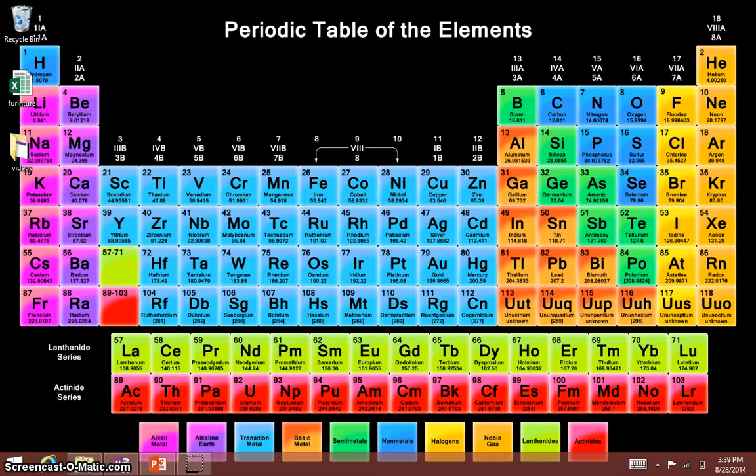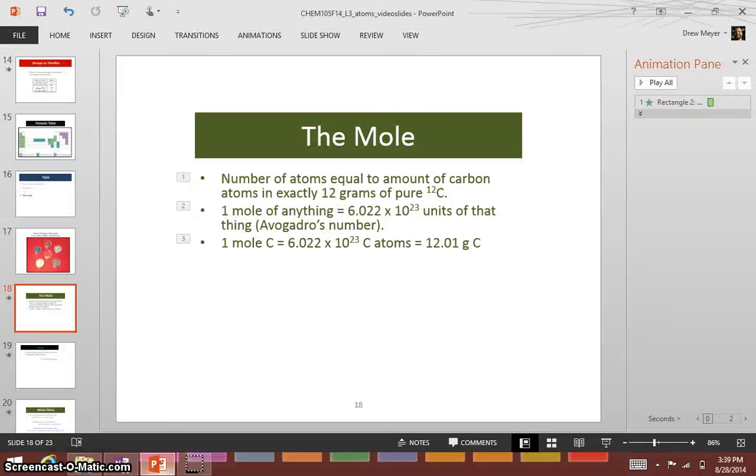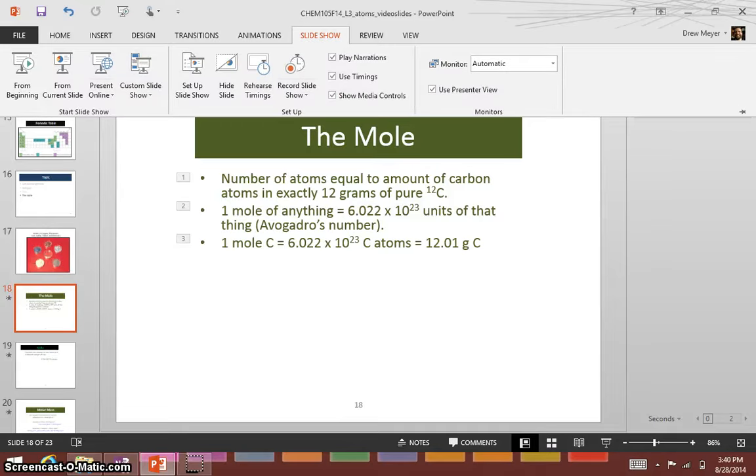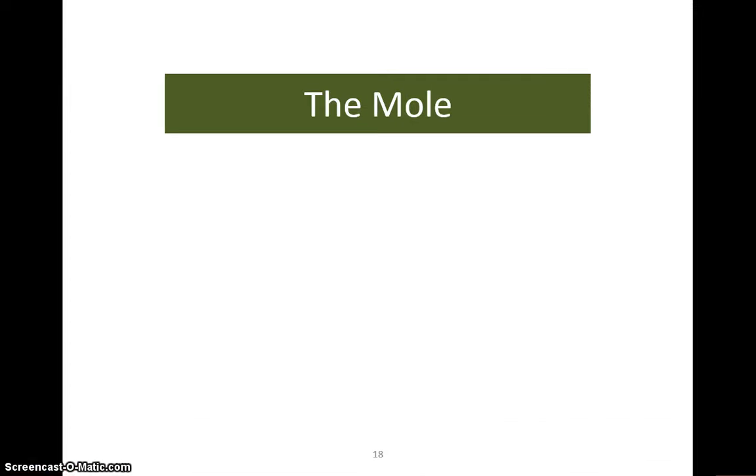Sorry, let me say that again. This number also tells us about the mass of a mole of oxygen atoms. So a mole of oxygen atoms is going to have a mass of 15.9994 grams per mole. Okay, so that number, depending on what unit it is, represents two different things: the average mass of an atom, or the mass of a mole of atoms.